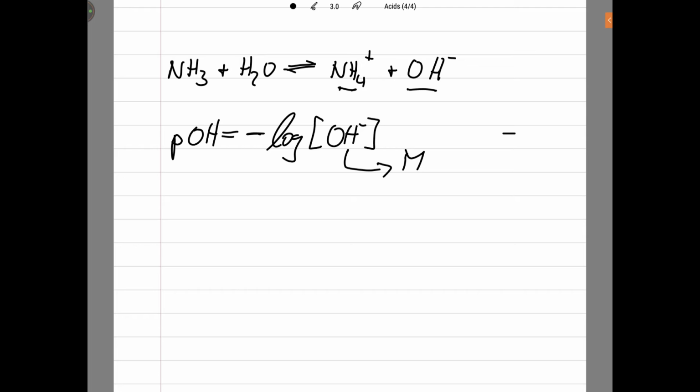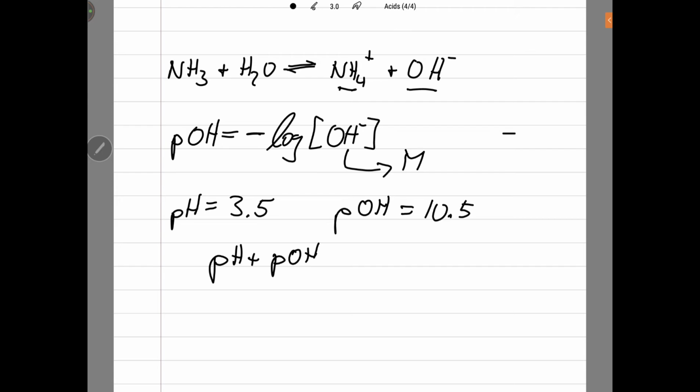So if you have a pH of, let's say, pH is 3.5, what's the corresponding pOH? 10.5, thank you very much. So it's just simply, I haven't told you that. The correlation between pH and pOH is that the sum of pH plus pOH is always 14.